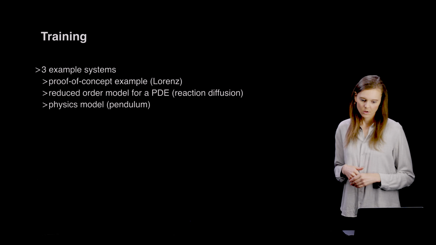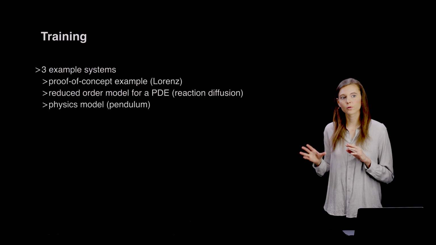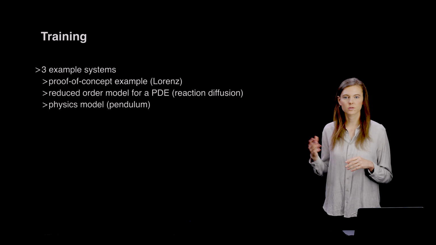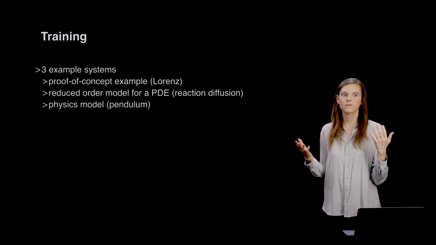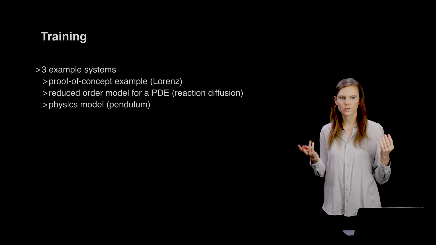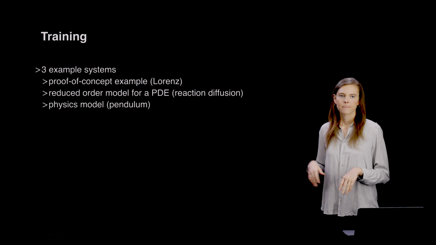Okay, so now I'm just going to talk about how we actually train our network and go over a few examples. So today I'm going to talk about 3 example systems that we've considered. The first is sort of a proof of concept example where we use this original Lorenz system I introduced earlier, and we map it up to a high dimensional data set just to see if the network can recover this model from the high dimensional data set that we start with.